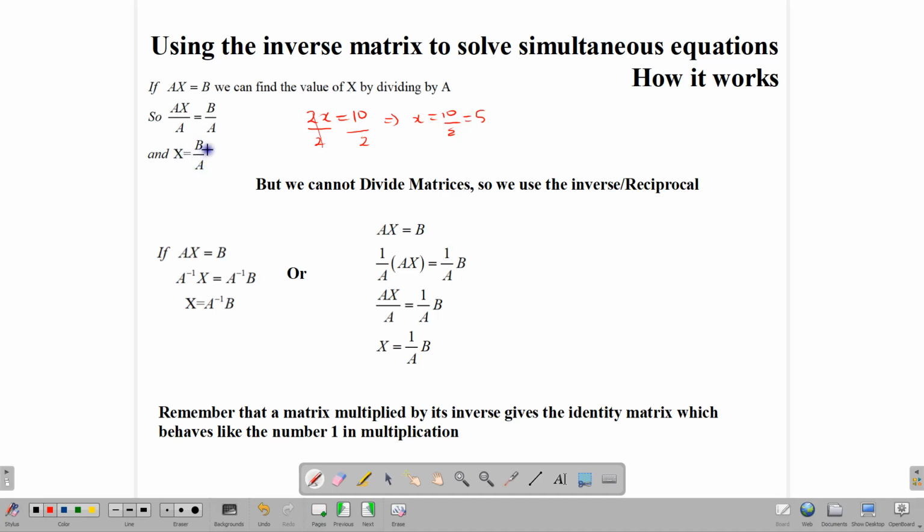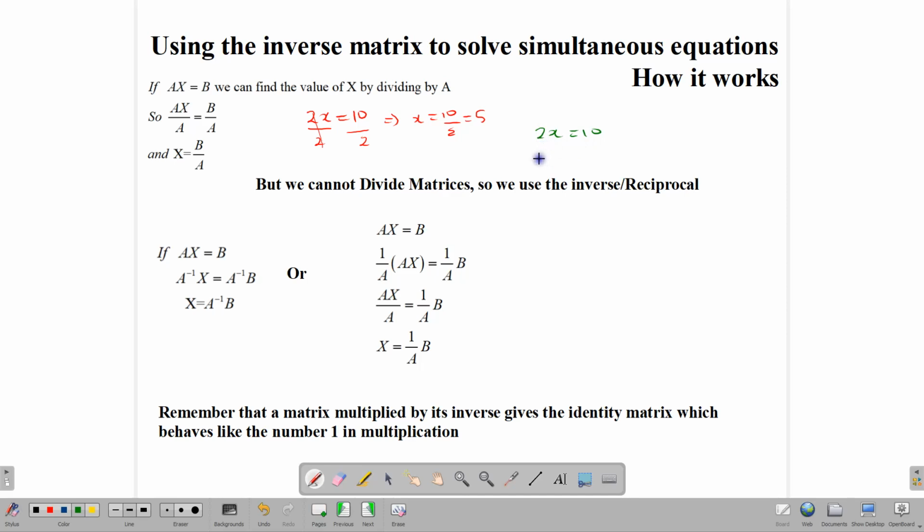The trouble is, for matrices, we cannot divide the matrices. So to get around this, we have to take an alternate route in terms of multiplying by the inverse of the matrix, or so to speak, we could multiply by the reciprocal, if you want to call it that. So here, for example, if we have our 2x is equal to 10, we could say then multiply both sides of this equation by the reciprocal of 2.